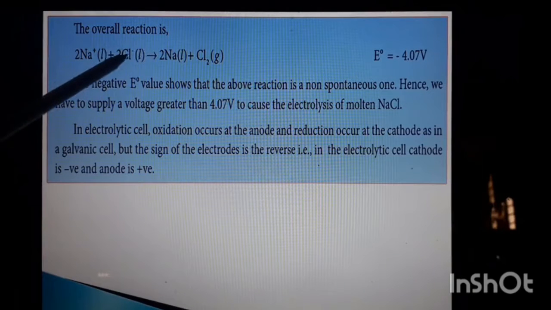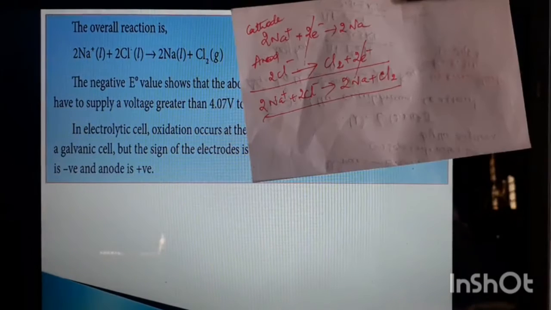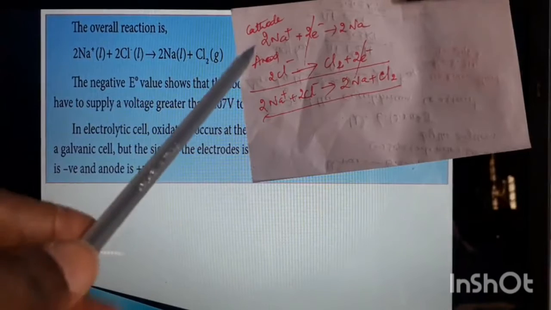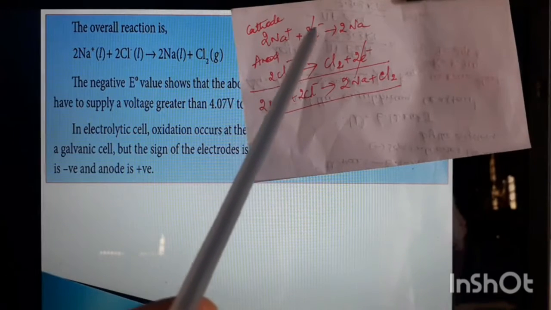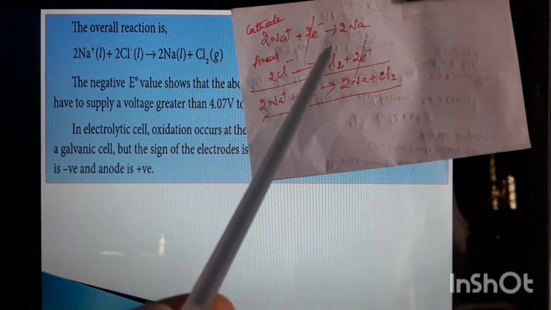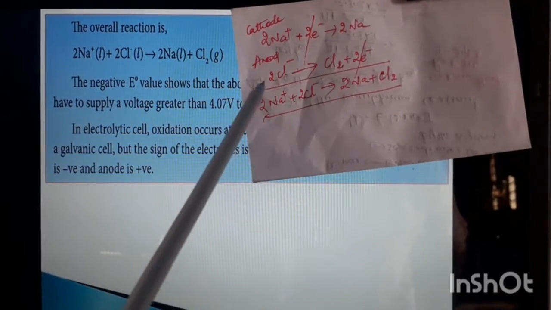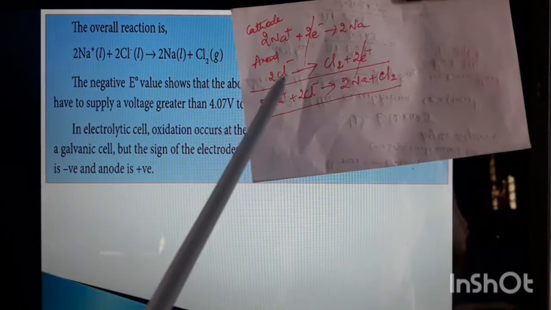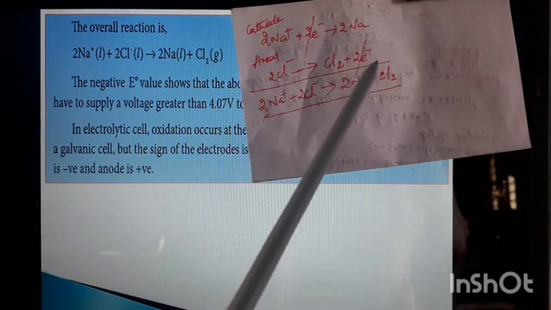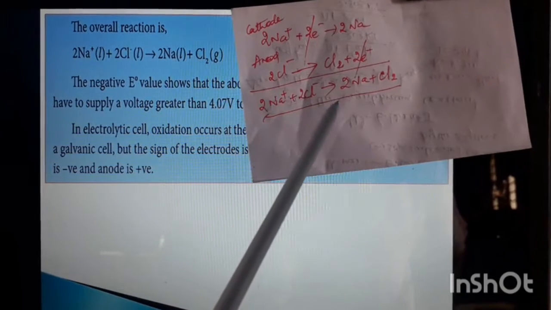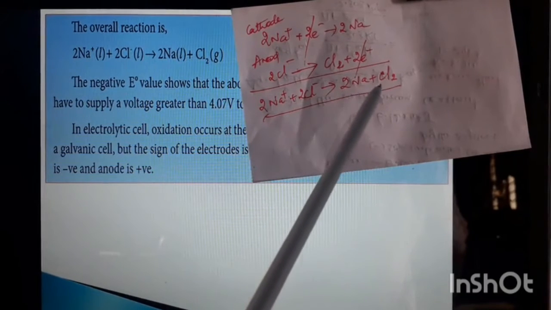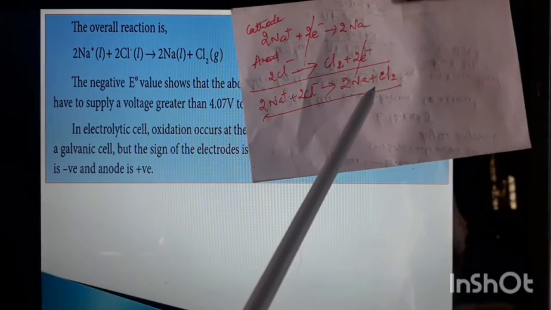I will write it manually. At the cathode, 2Na+ plus 2 electrons gives 2Na. At the anode, 2Cl- releases 2 electrons. The 2 electrons cancel. 2Na+ plus 2Cl- gives 2Na plus Cl2. This is the overall reaction.